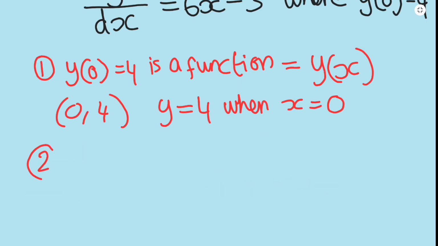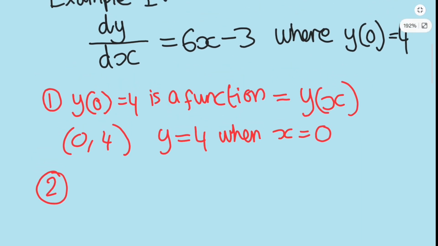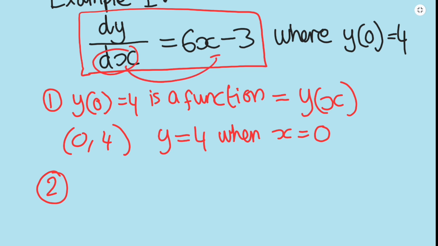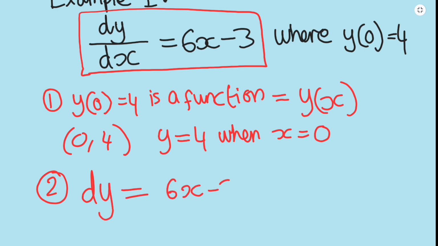The next step would be to solve this differential equation up here. So we always want to get the same letters on the same side. We want to get dx onto this side, and then dy we can leave on this side. So to do this, we will do dy equals 6x minus 3, and then we'll just multiply this side by dx.